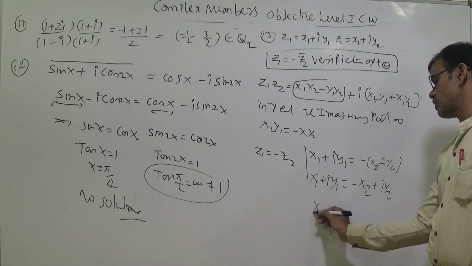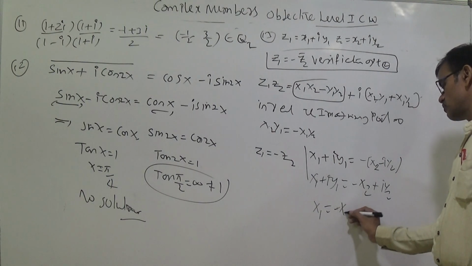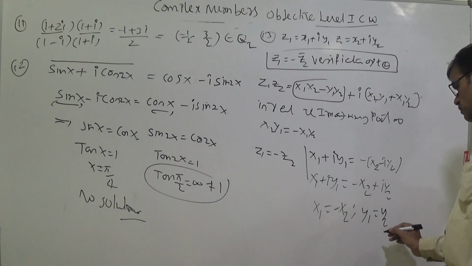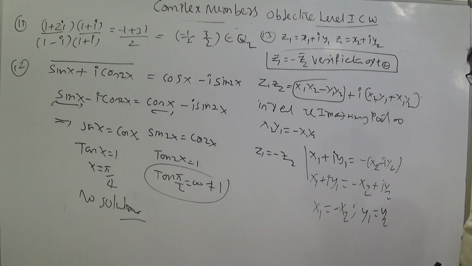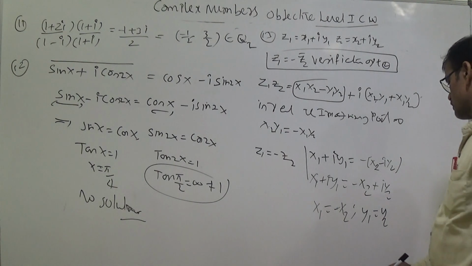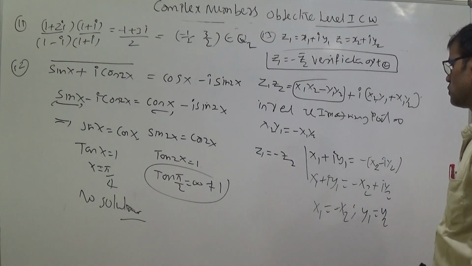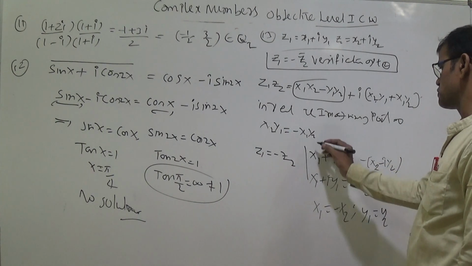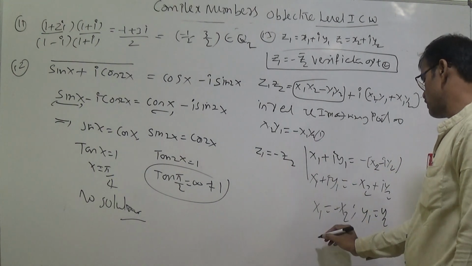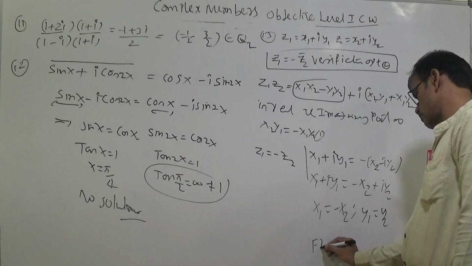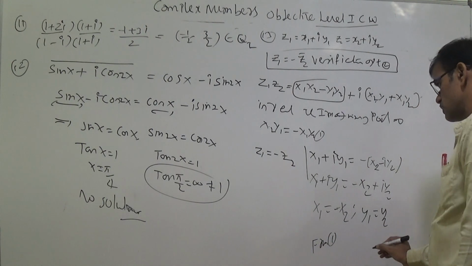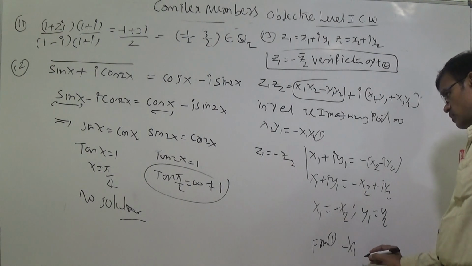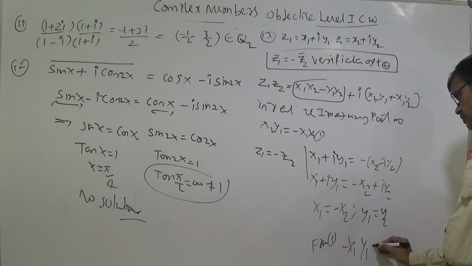If we compare here, x1 is equal to minus x2, y1 is equal to y2. If you substitute here from 1, instead of x2 substitute minus x1. y1 simply leave it.